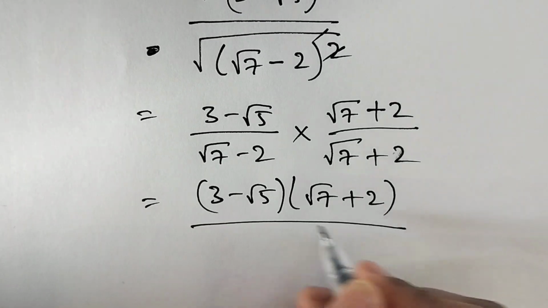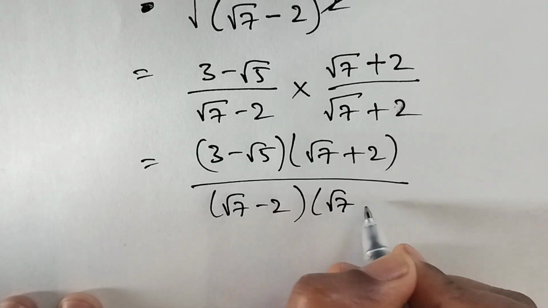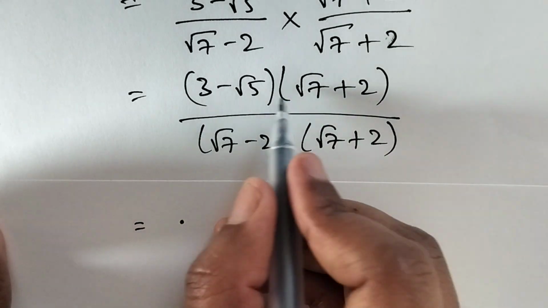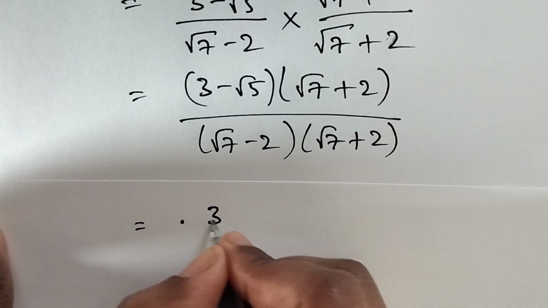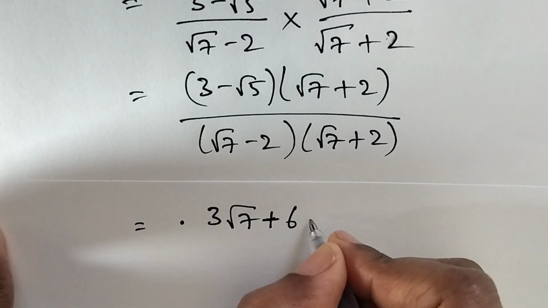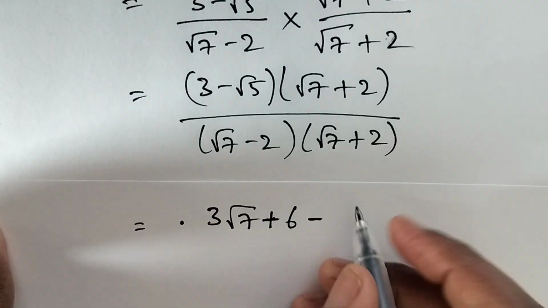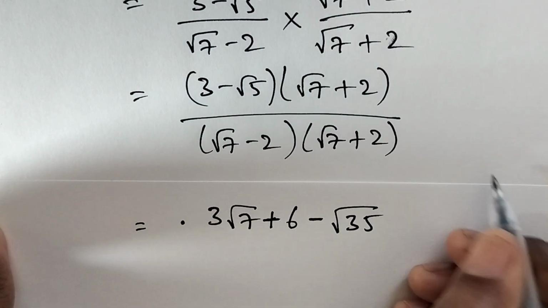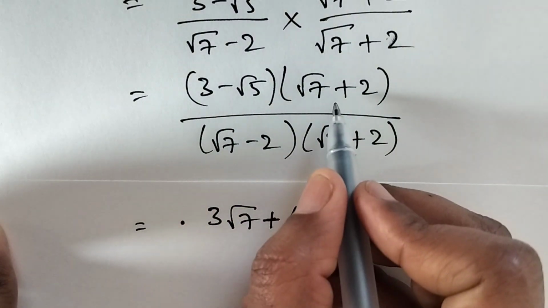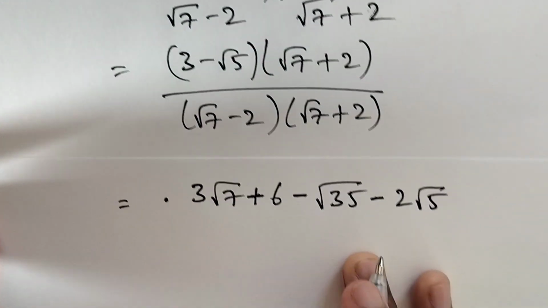We get 3 times the square root of 7, minus 3 times 2, which is 6, and minus the square root of 5 times the square root of 7, which is minus the square root of 35, because 5 times 7 is 35. Then minus times plus becomes minus, so the square root of 5 times 2 gives minus 2 square root of 5.